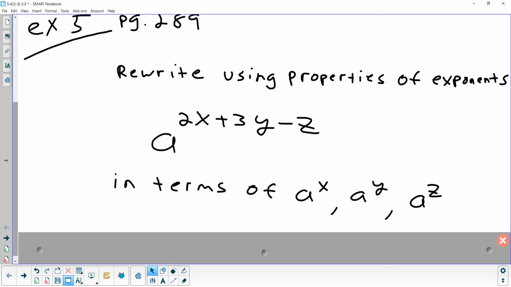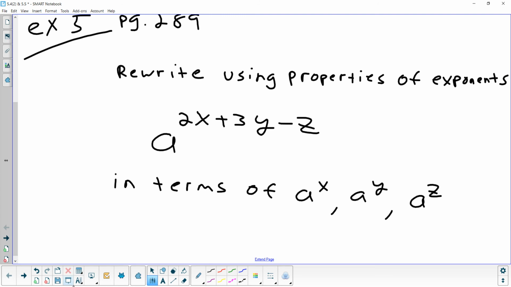So they've given us an expression that says a to the 2x plus 3y minus z. And when we're done, we want to rewrite that in terms of just a to the x, a to the y, and a to the z. All right, so let's start with this part.